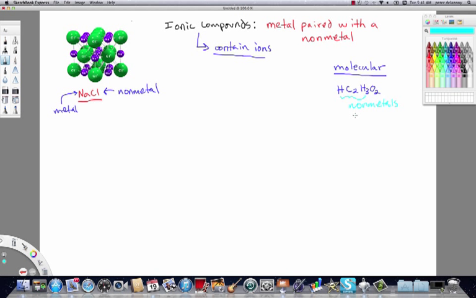So there is an absence of ions. There's no ions.